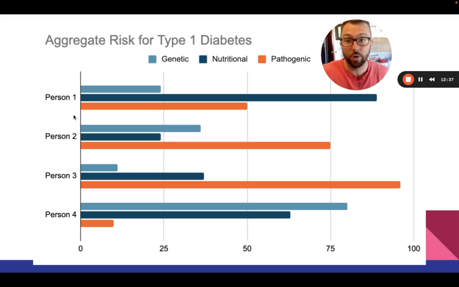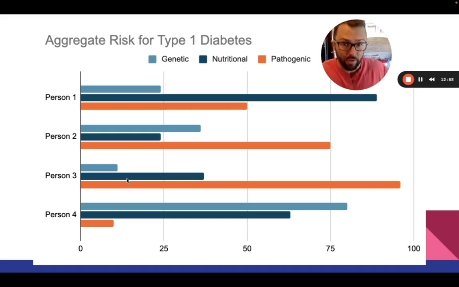So if you look at person 1, genetically, they're not super prone to diabetes. Nutritionally, they have a lot of holes in their system that makes it easier for them to develop, and thus their pathogens increase. If you look at person 3, they've got no genetic predisposition to diabetes.